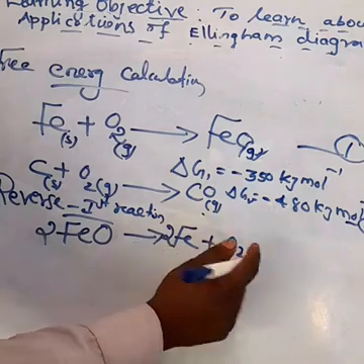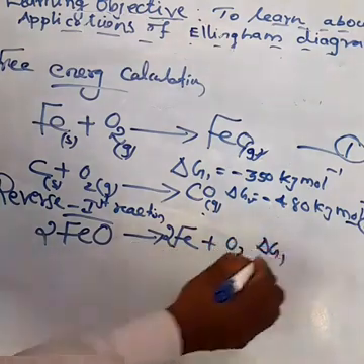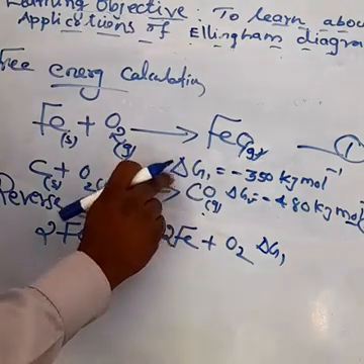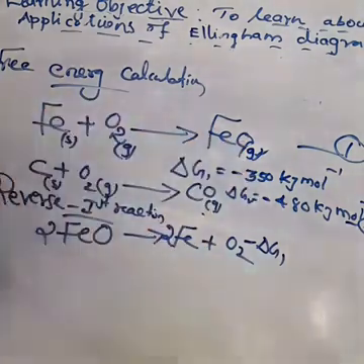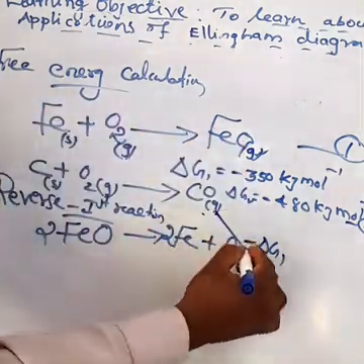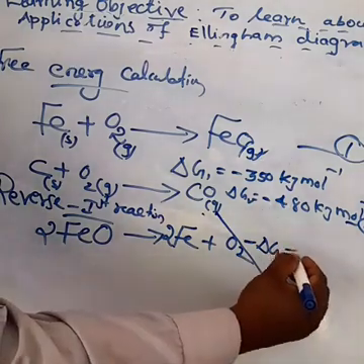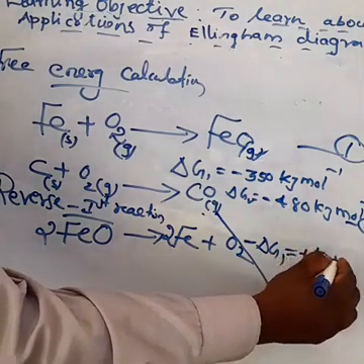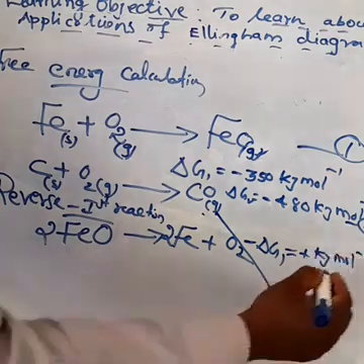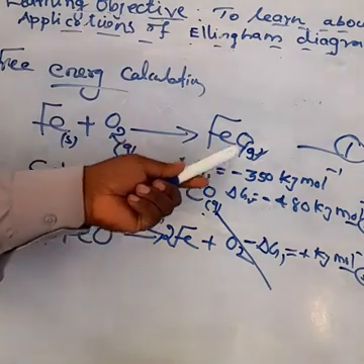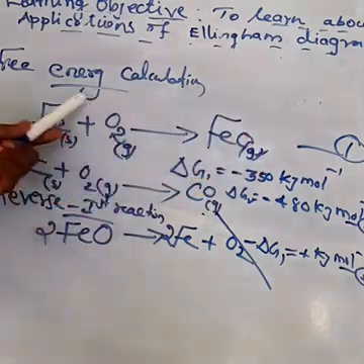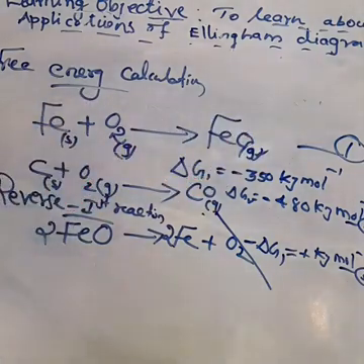The delta G1 was negative, and since it is a reverse reaction, I write the positive value, plus 350 kilojoules per mole. That's the third equation. Can you understand me, my dear children? The first two equations are the metal reacting with oxygen to give metal oxide, but I need the conversion of metal oxide to metal.